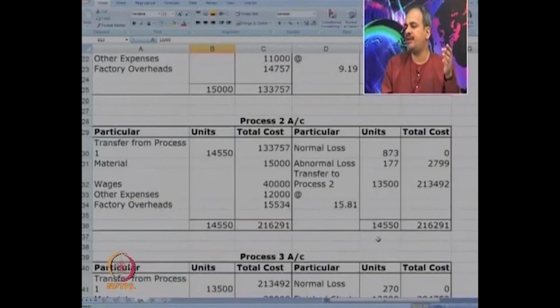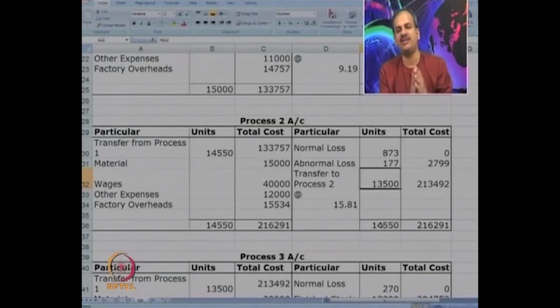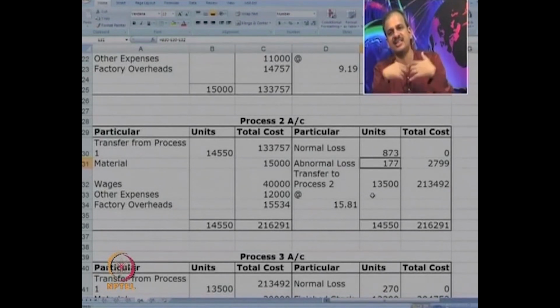So 14,550 minus 873 minus 13,500, you will get an abnormal loss of 177. So what it means is the actual loss is more than normal. So there is a normal loss of 873 and some extra loss which is an abnormal loss of 177.